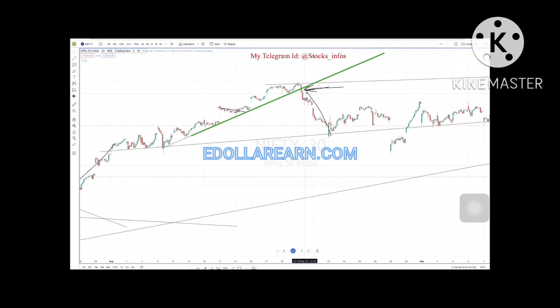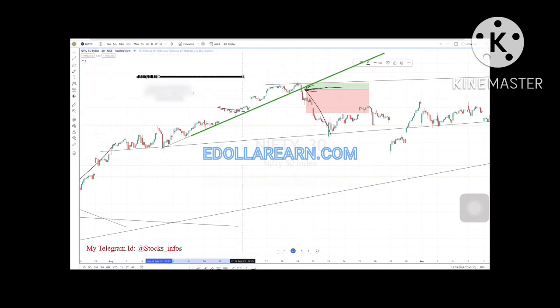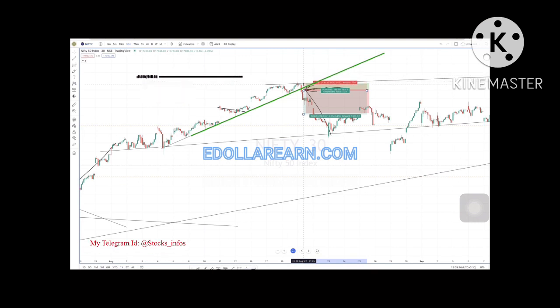So if you had gone short here with your stop loss up to this area, where is it? If you have gone short, the stop loss is again subjective.